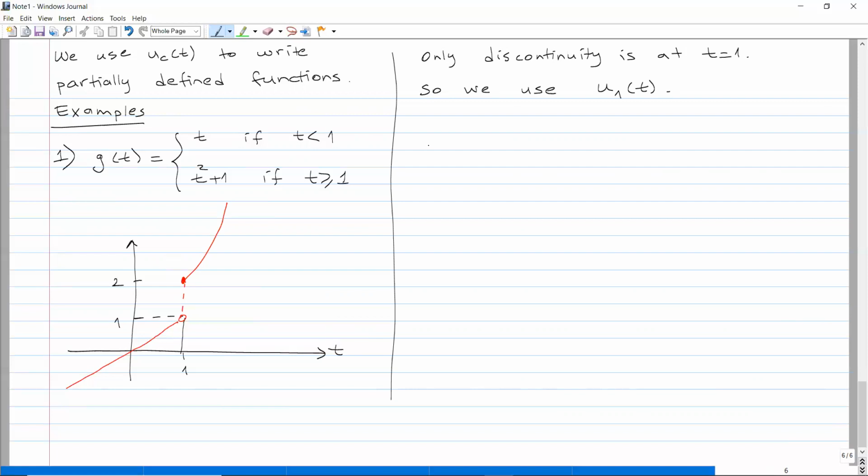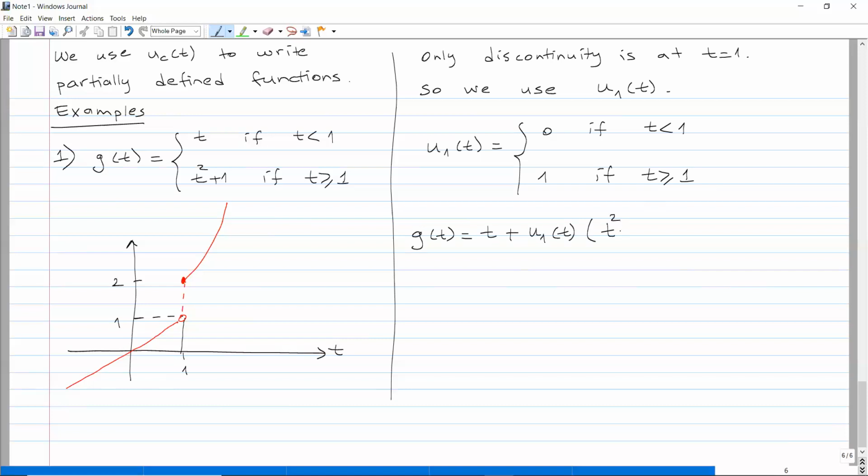Let's remember what u1 of t is. It is 0 if t is less than 1, and 1 if t is greater than or equal to 1. So for t less than 1, we want our function g to be t. For t greater than or equal to 1, we use the unit step function.